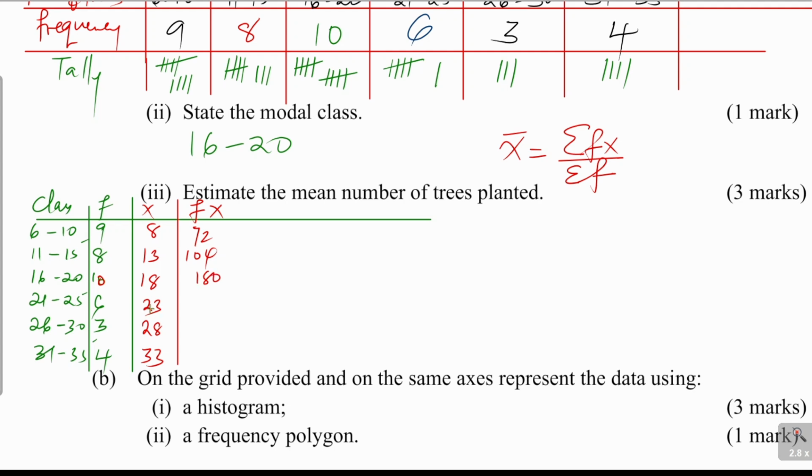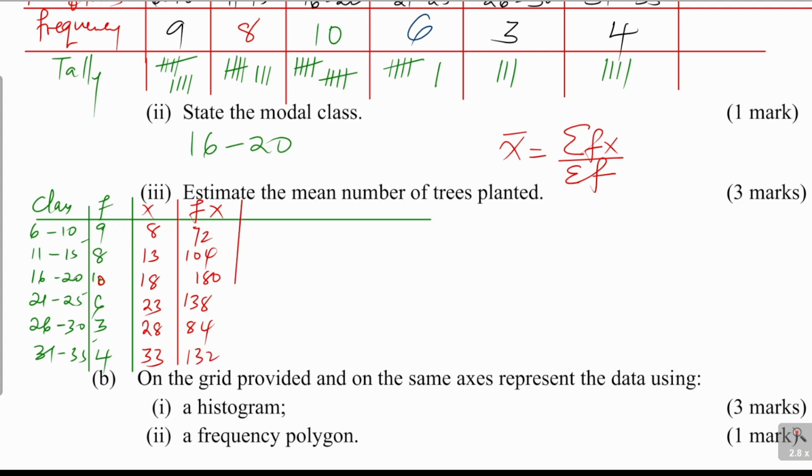Then 6 times 23, 138. Then 3 times 28, you get 84. Then 33 times 4, you get 132.